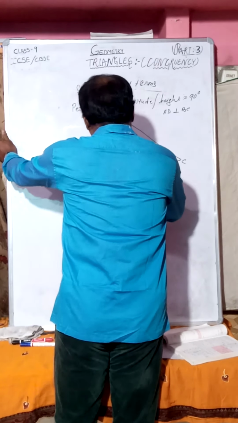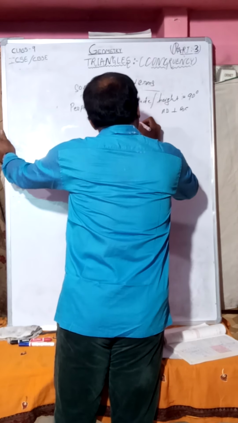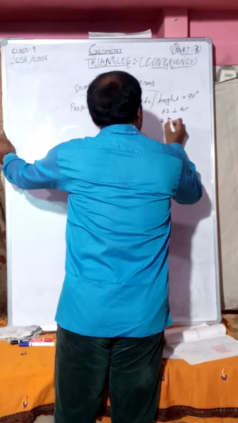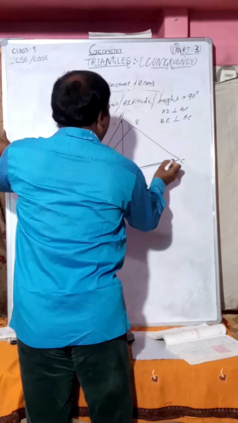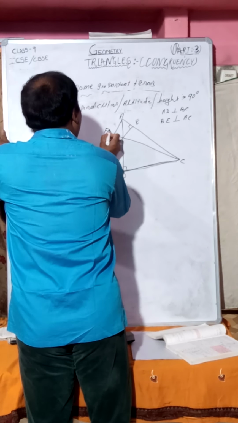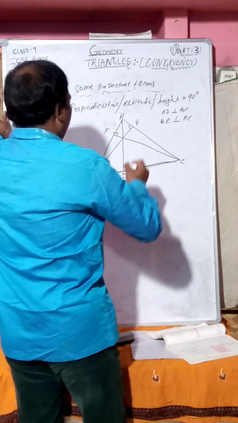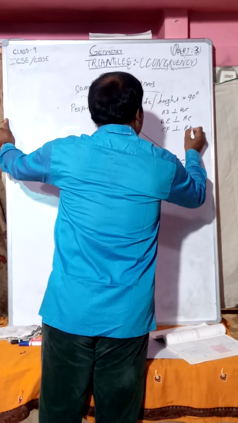And draw another perpendicular from B to AC, that is BE. BE is perpendicular to AC, and the third perpendicular is CF, perpendicular to AB.